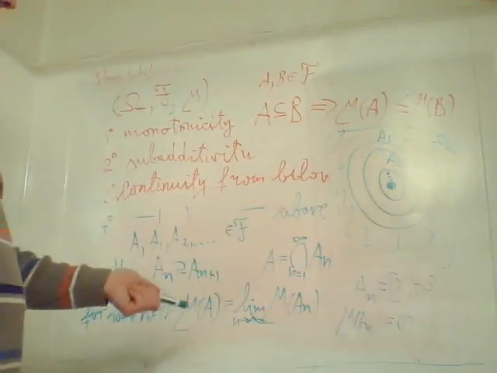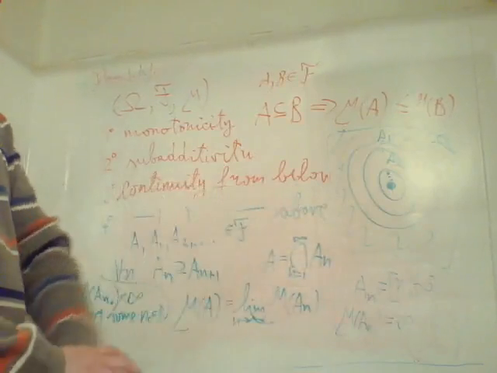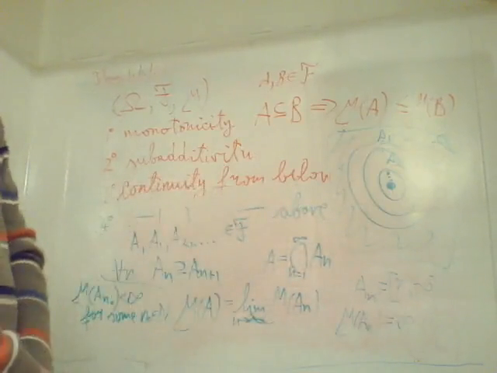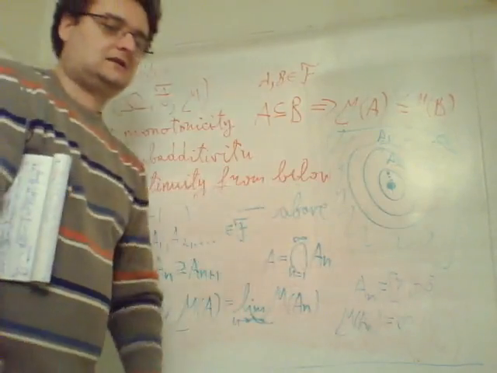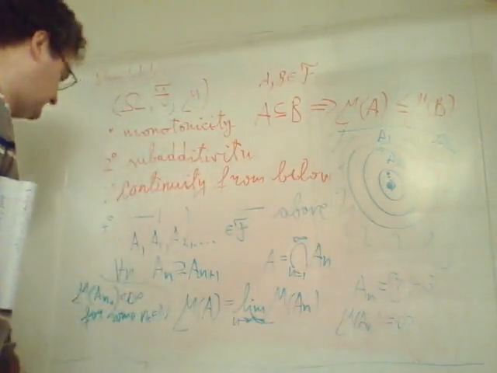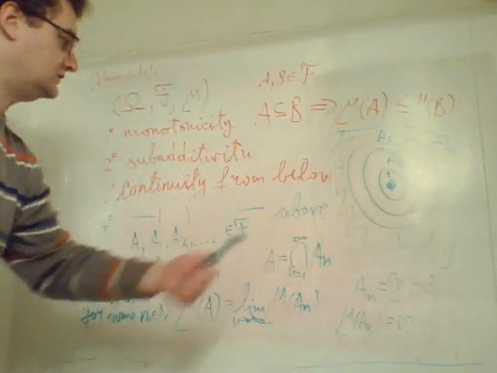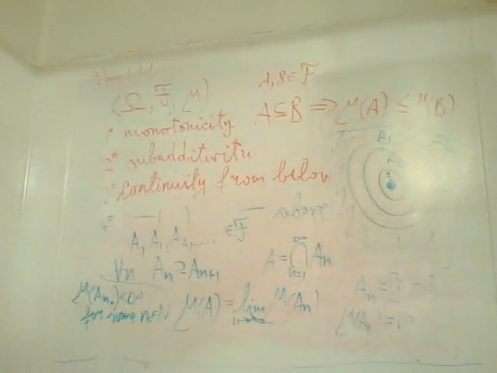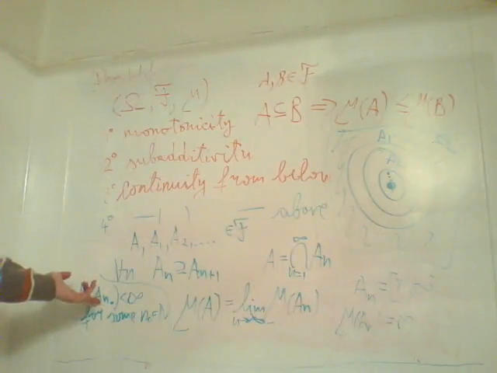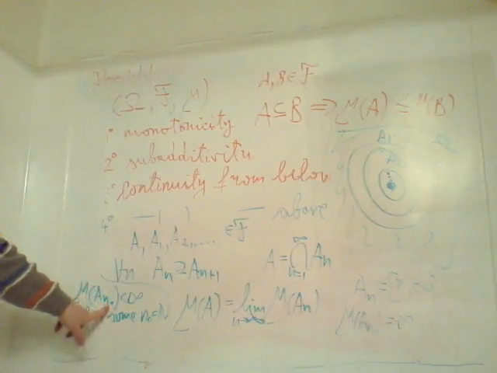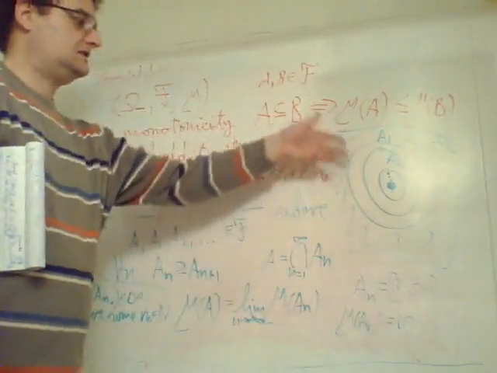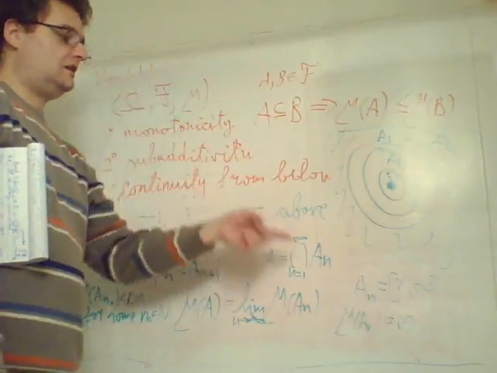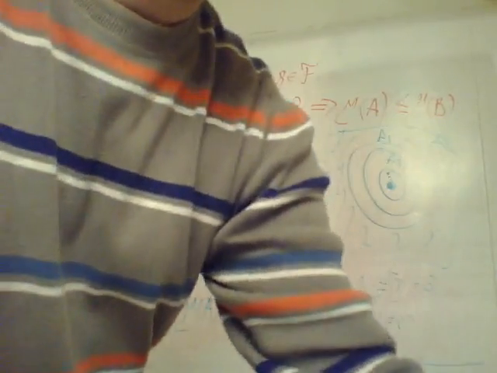But on the other hand, the intersection is the empty set, so mu of the empty set is 0. So that's a counterexample of this property, continuity from above, if you don't assume that for at least one set in this decreasing sequence you have finite measure.